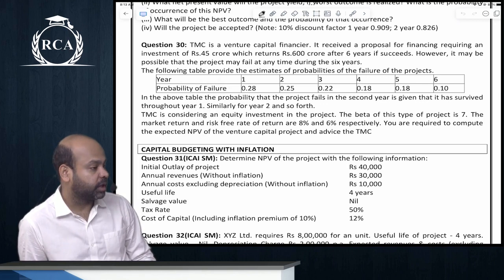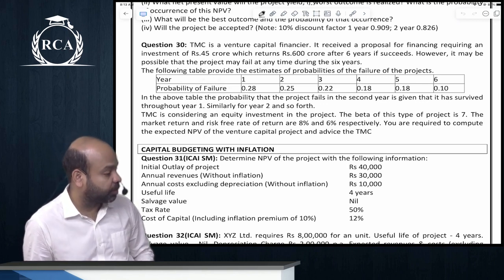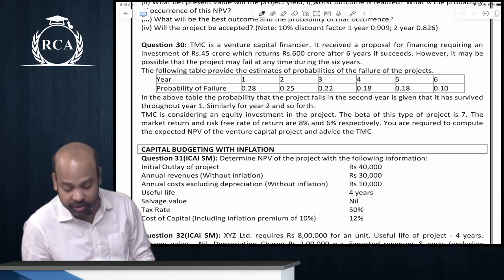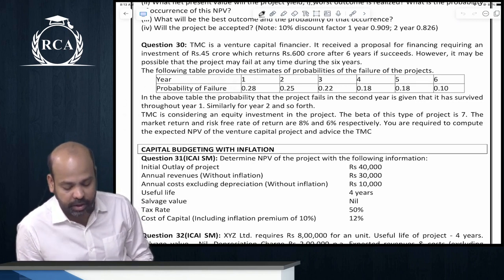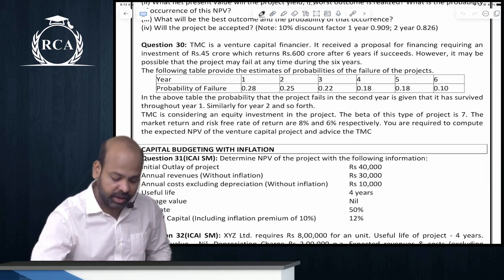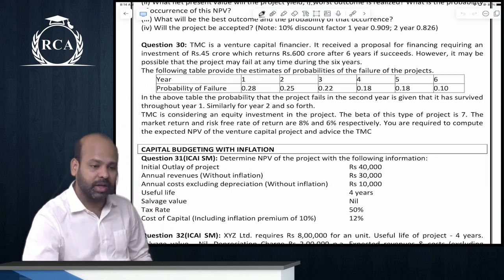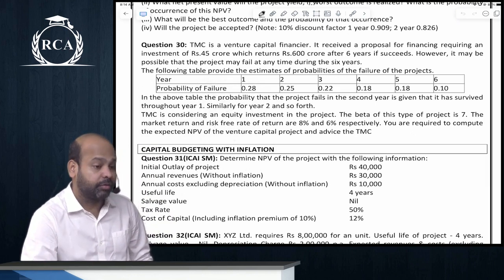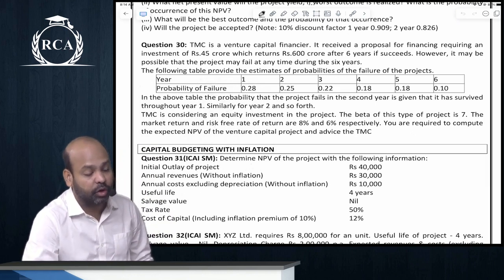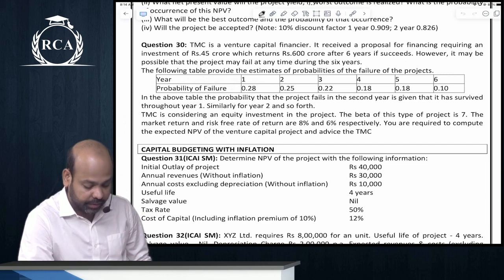It might still fail in the third year because it has to survive all the 6 years. The probability of failing in the second year is given that it has survived year 1. Only if it succeeds in the first year will you talk about going to the second year.